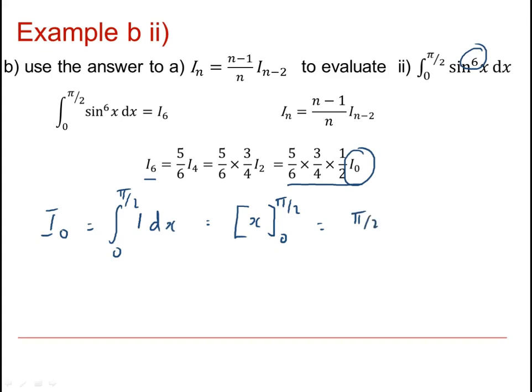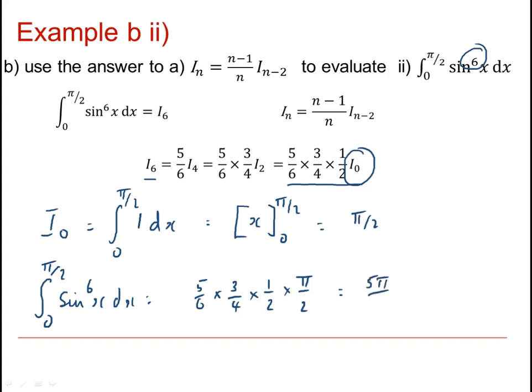So the integral that we've been asked to find then, which is the integral from 0 to pi by 2 of sine to the power 6 of x dx, is therefore equal to 5 over 6 multiplied by 3 over 4 multiplied by 1 over 2, and then multiplied by our answer for I0, which is pi over 2. And if you evaluate that, you'll see that we get the answer, which is 5 pi over 32.